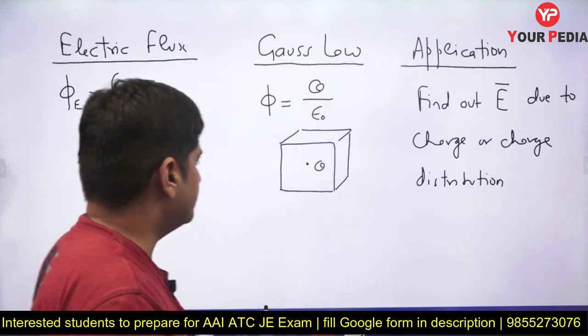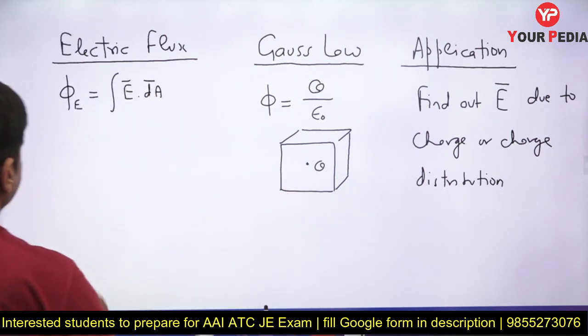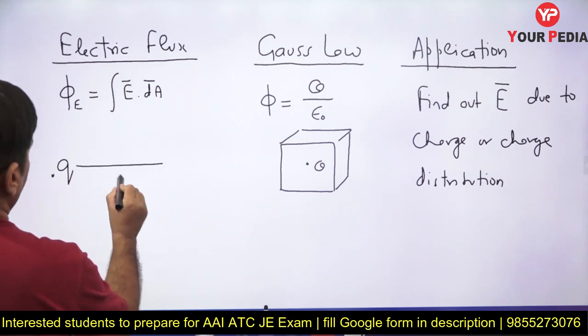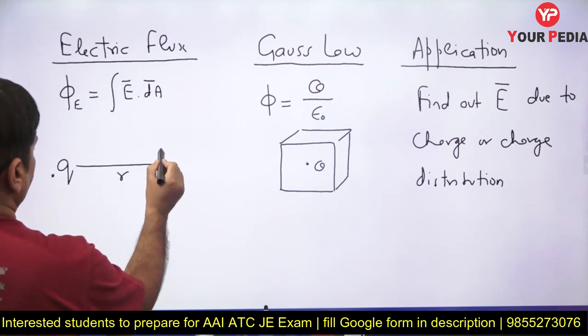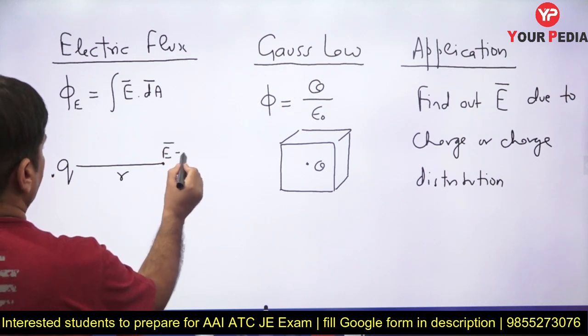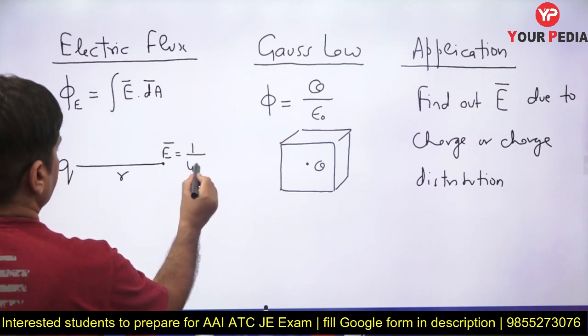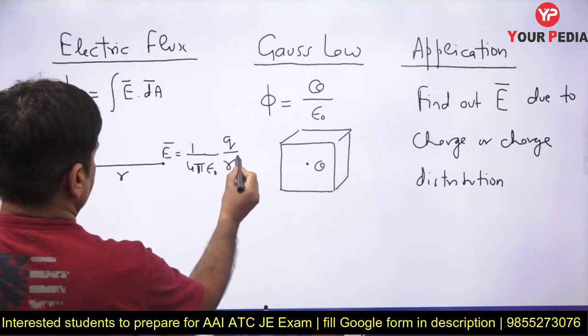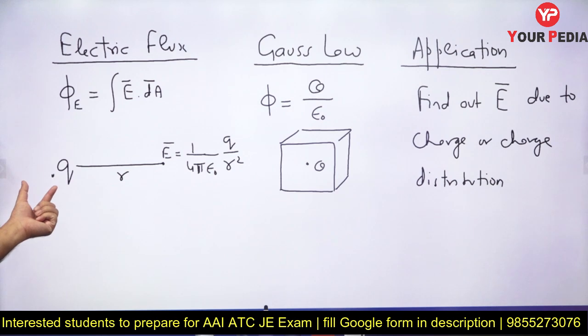We know one formula which we have done already, that if there is a point charge Q, and at r distance I want to find out the electric field, the formula is 1 by 4 pi epsilon naught Q by r square. This formula is for the point charge.